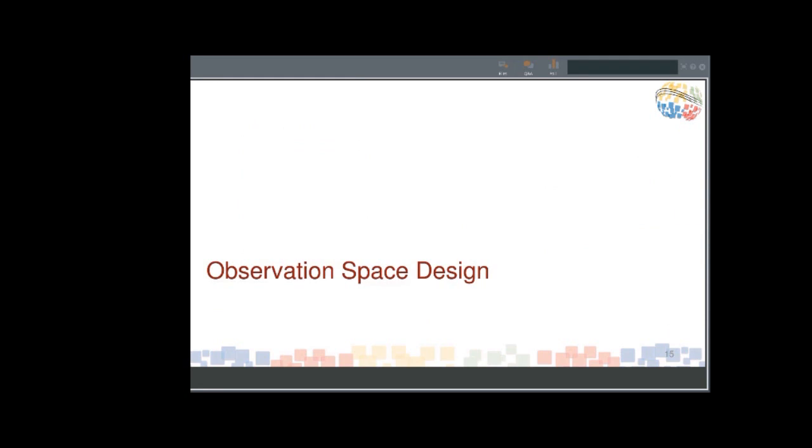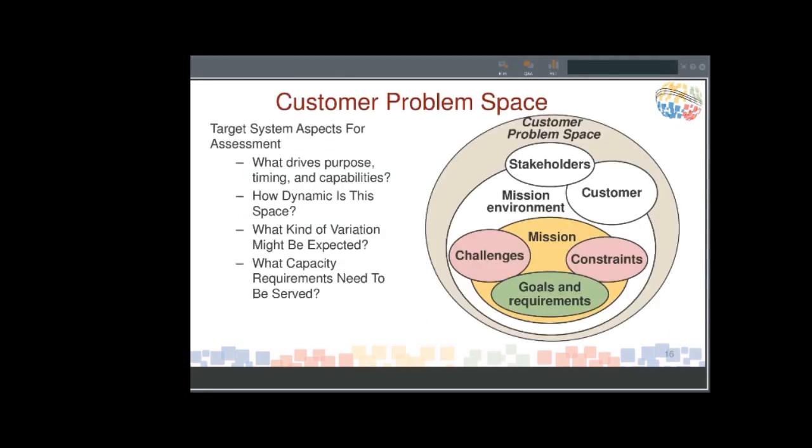So I'm going to change gears here a little bit and talk specifically about observation design. For each of the four spaces, we were saying, where do we want to look and what do we want to look for? The where is each of those four spaces.